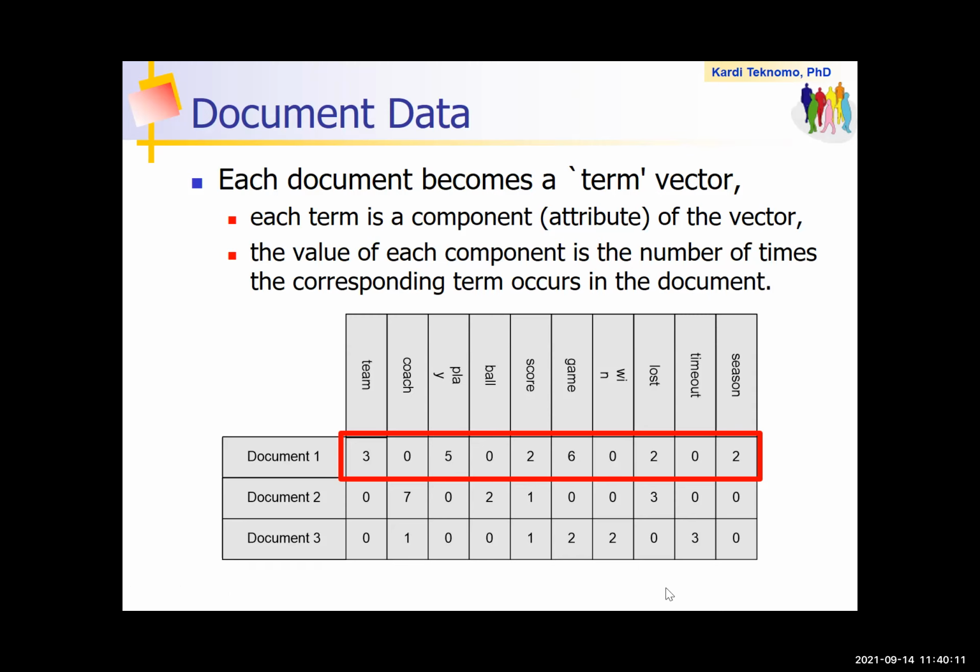Anyone? The number here represents the frequency, the number of times that word occurs in which document. Documents are categorical, words are categorical, right? So if you want to analyze categorical data, what you can do is get the frequency, how often it happens.